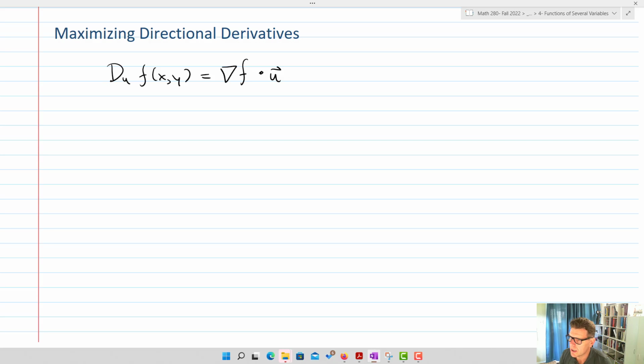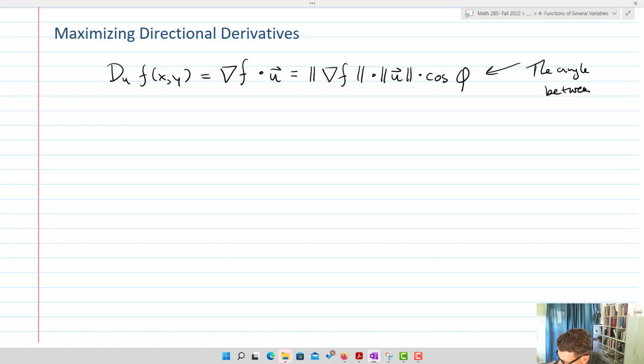Now remember, u is a unit vector, and if you remember from earlier, this is going to be the magnitude of grad f times the magnitude of u times cosine phi, and phi is the angle between u and grad f, right? So remember that we have that equivalency here.